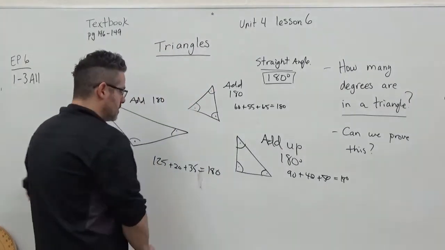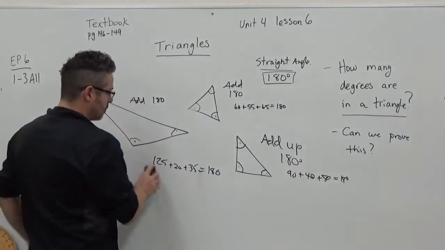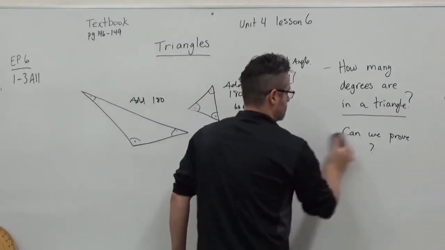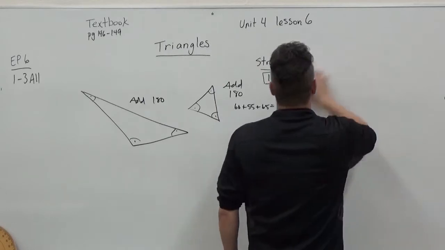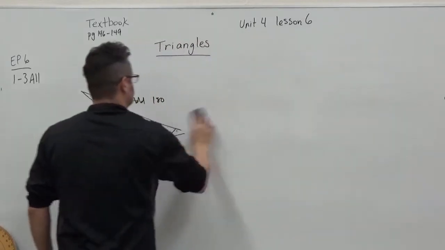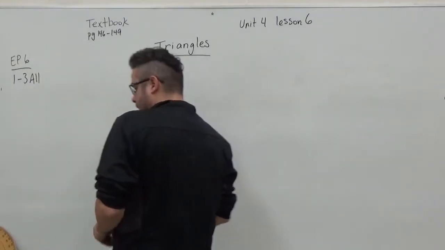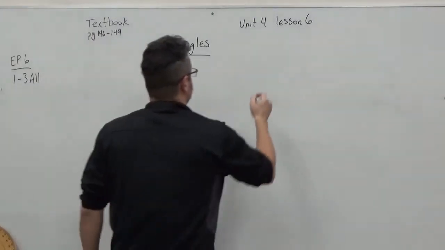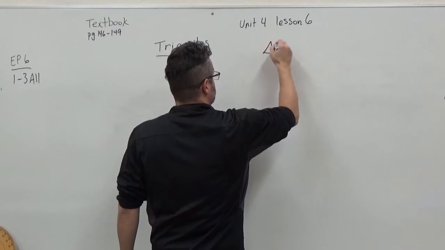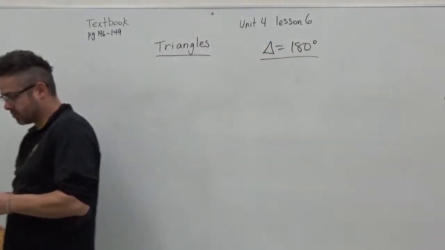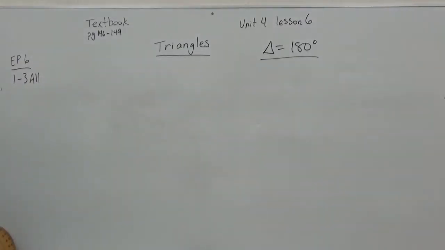Okay, so that kind of gets us to what we're going to do today with some of our questions. So, let's just do this. Triangle equals 180 degrees. That's a really important concept. That's one that we need to know and understand.